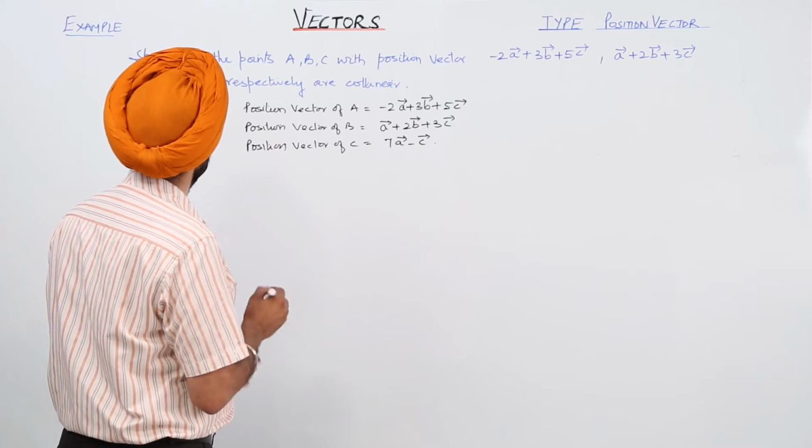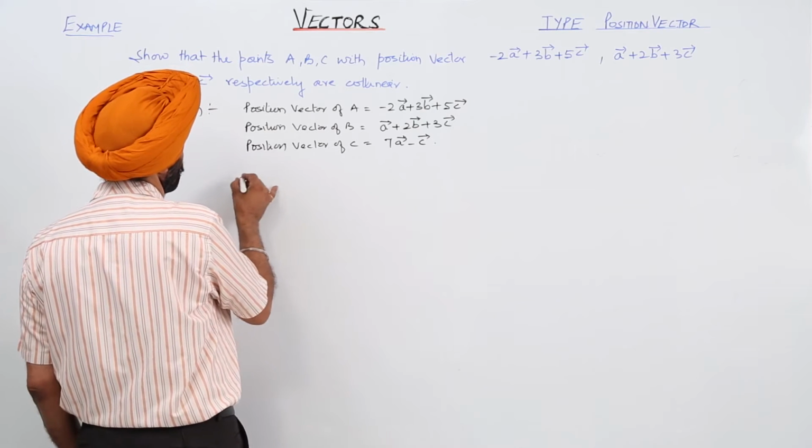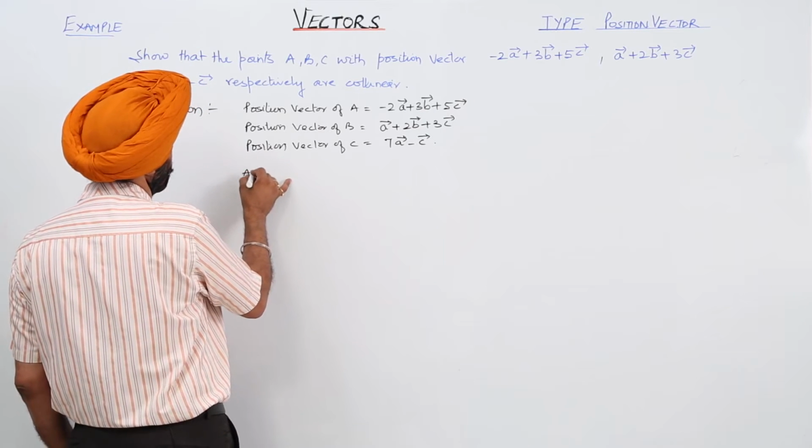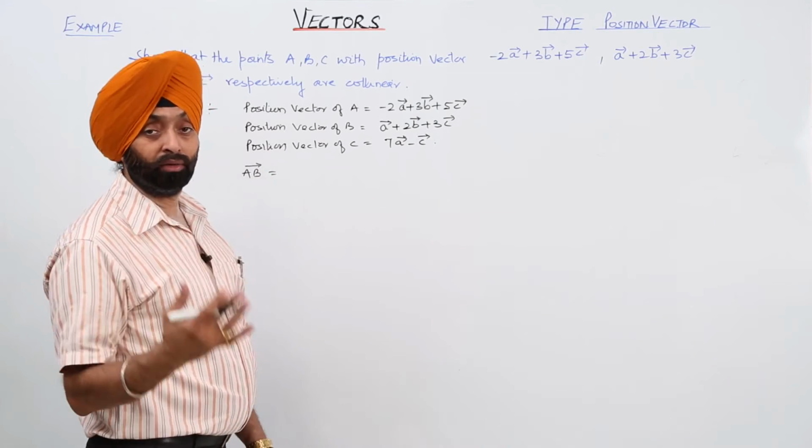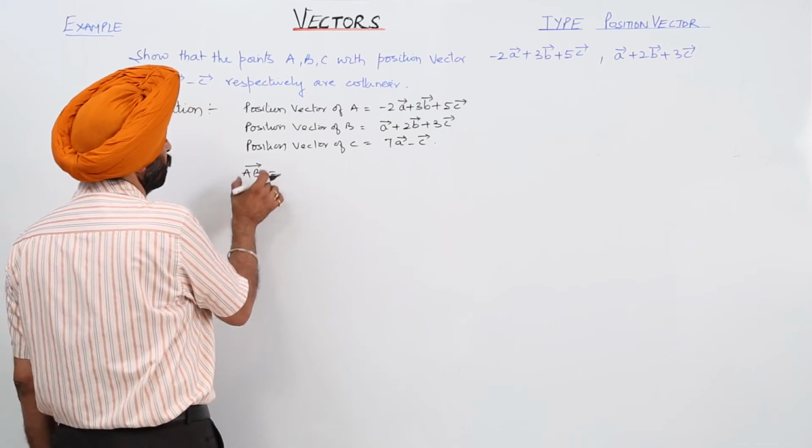Now vector AB is equal to, now for this part we can take any 2 pairs. I will tell you. Now vector AB is what?